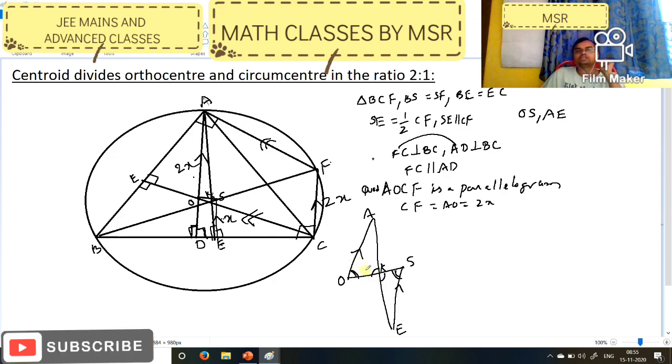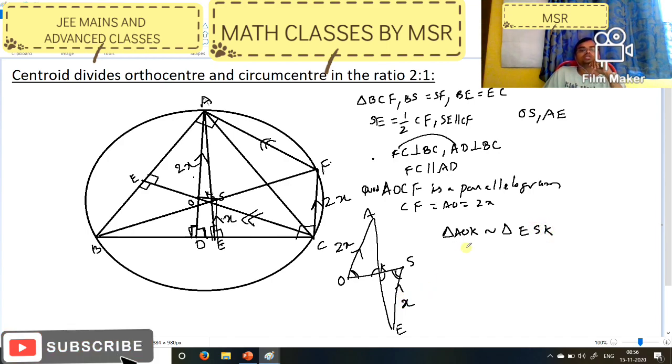If the triangles are similar, the ratio of corresponding sides will be equal. SE length we know is x, AO length we know is 2x. Now write the ratio of corresponding sides. Triangle AOK is similar to triangle ESK.